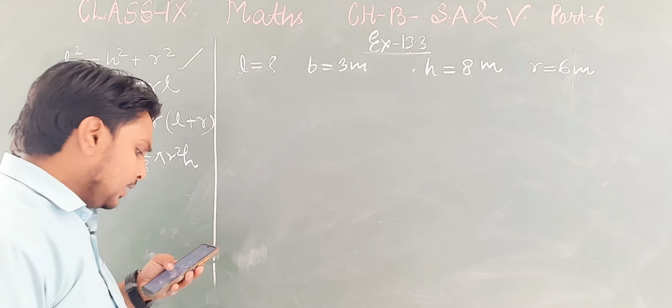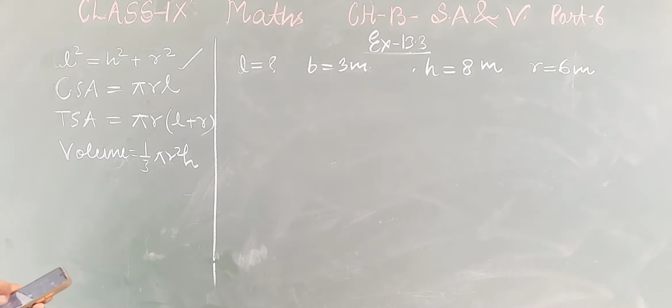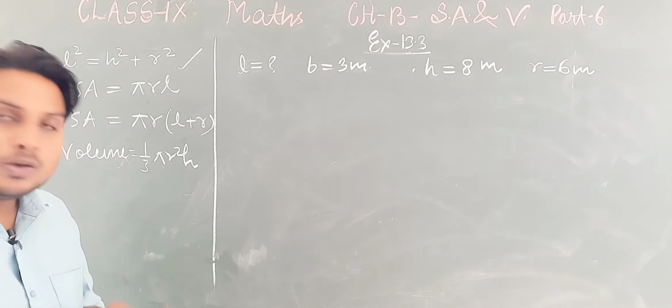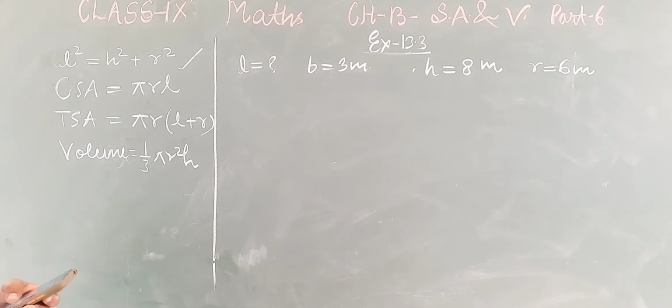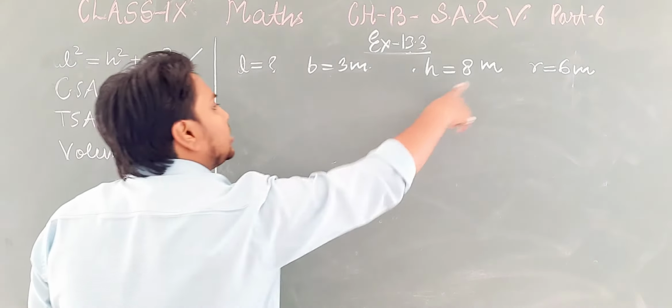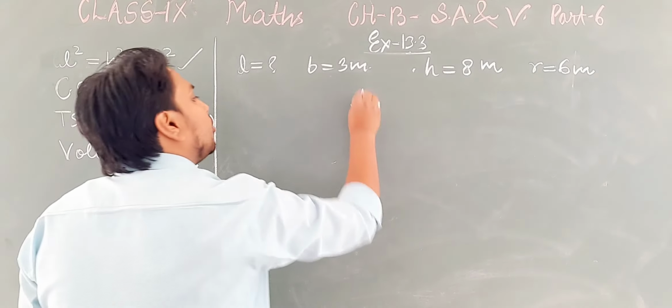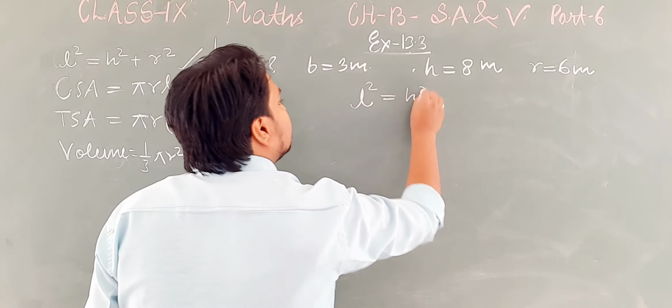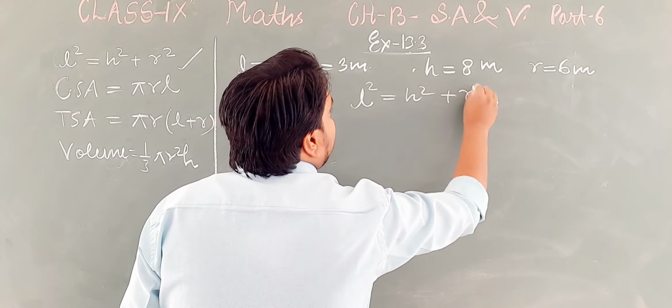Here it is said to assume that the extra length of the material required for stitching margins and wastage in cutting is approximately 29 centimeter. We will use this 29 centimeter afterwards. Firstly, if we have h and r, what will be the slant height of the cone? L square is equal to h square plus r square.